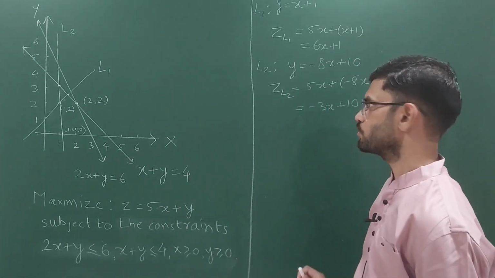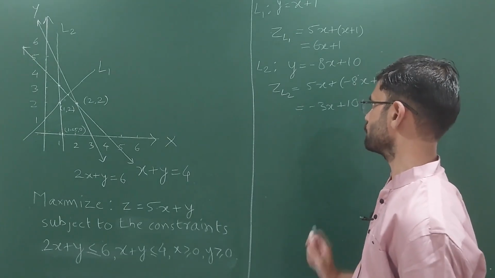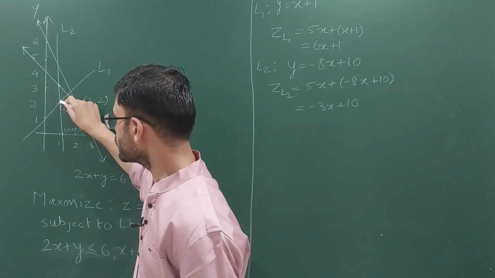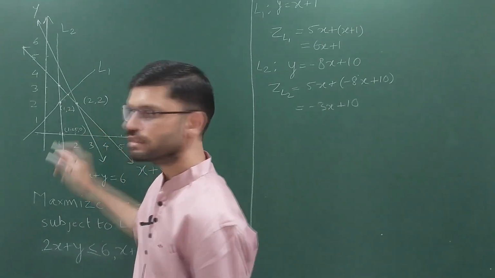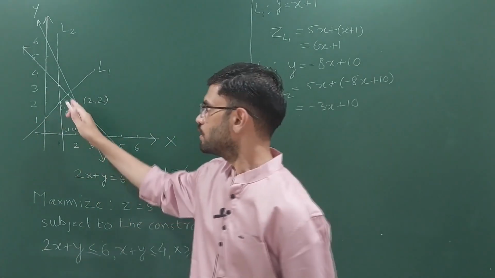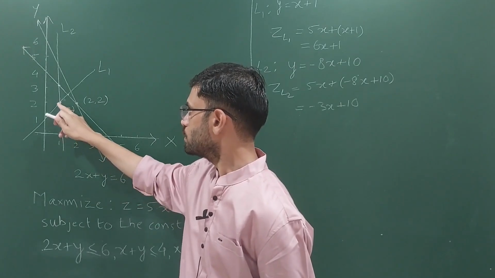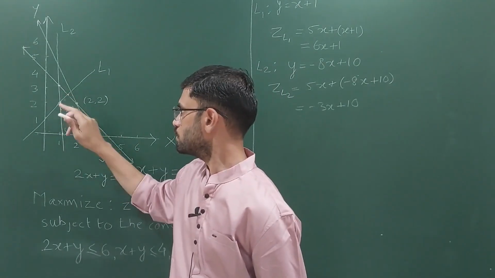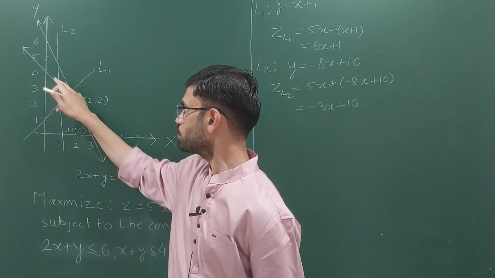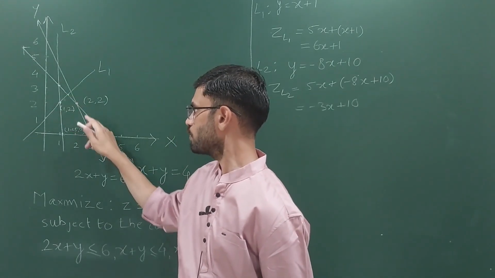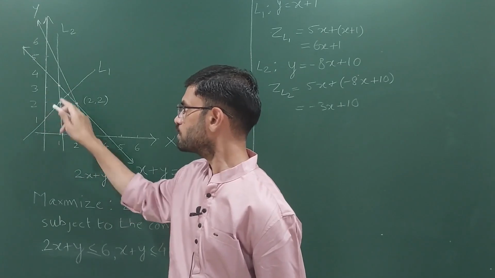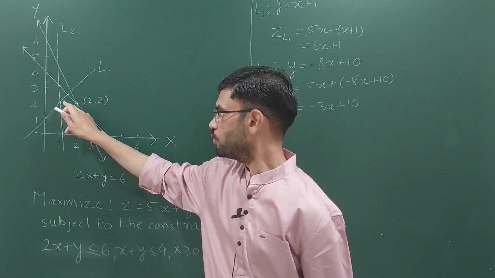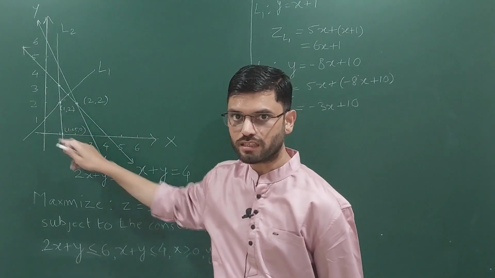Okay, great. So what is the next step? Now this means that we need not consider any point that lies in the interior of the feasible region, because the maximum value of the objective function at the boundary points will always be greater than or equal to the value of the objective function at an interior point.